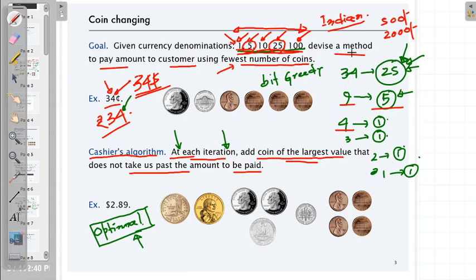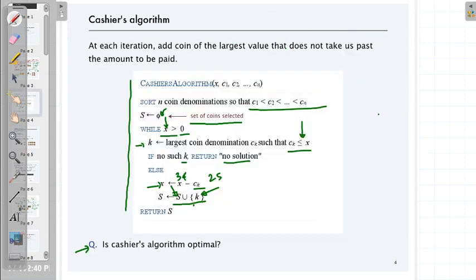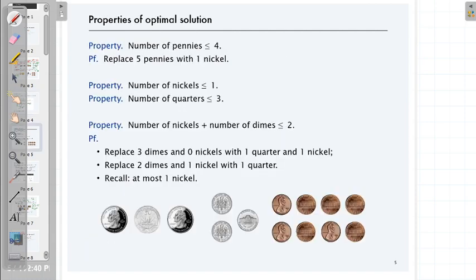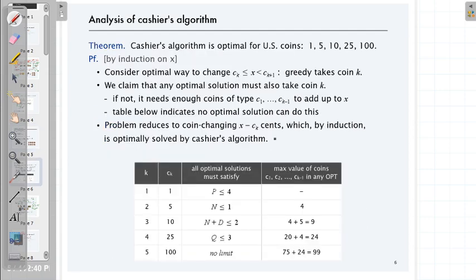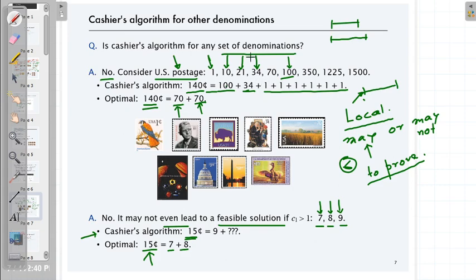So this many coins are necessary. For this denomination I have told you that we can prove this is optimal, but we have given some other examples where we have seen that the cashier's algorithm is not optimal at all. So the general conclusion is that the cashier's algorithm that we have designed, the greedy algorithm, may not be optimal for some other denominations, like the US postage denominations.